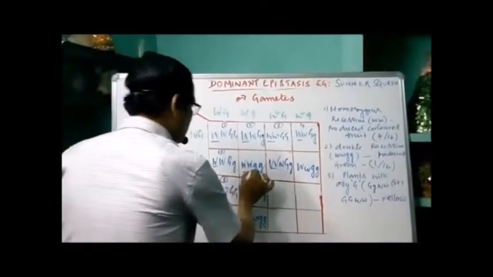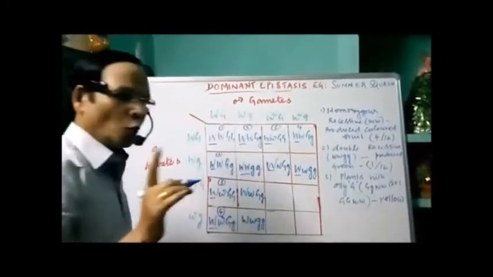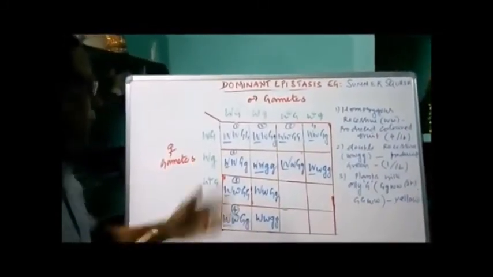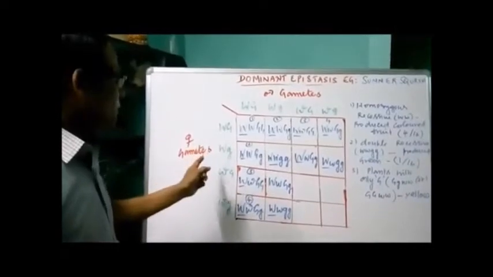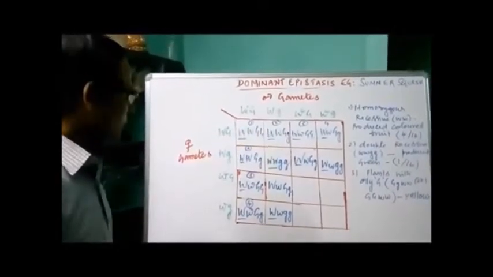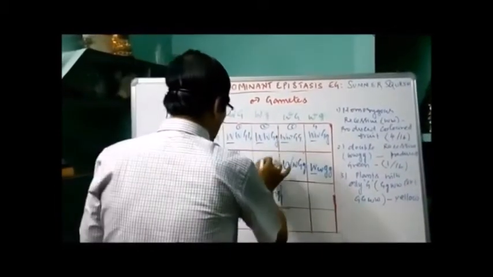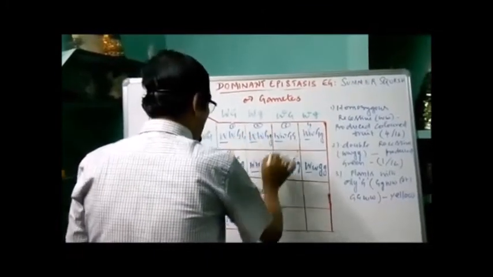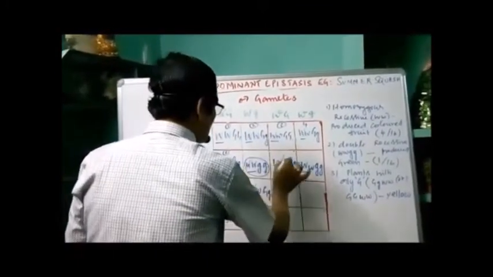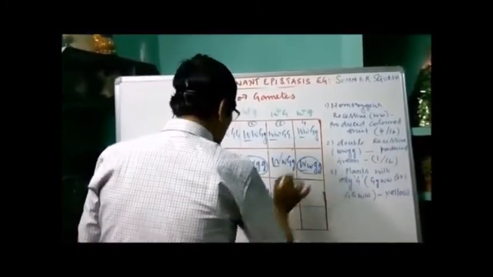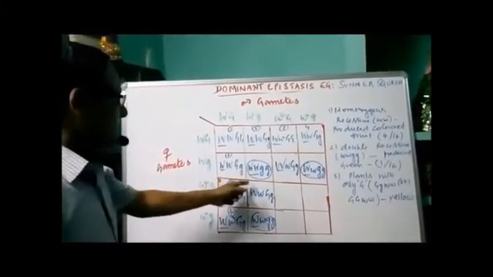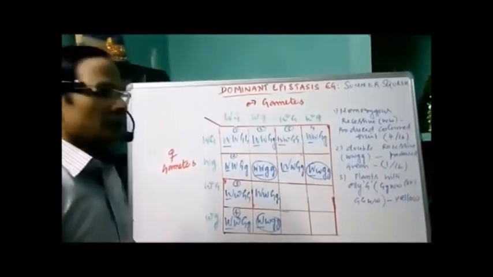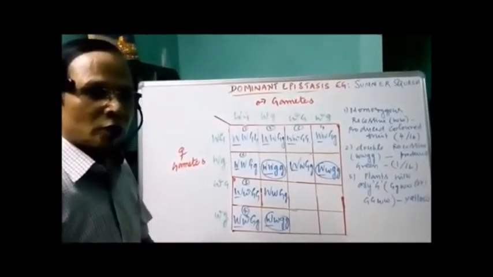Now this is also having at least one dominant allele W. So it can also produce the white flower. So all these 12 individuals that I have presented, all the blue colored ones, the 9 in the form of a triangle and 3 just in the apparent triangle, together produce the white.